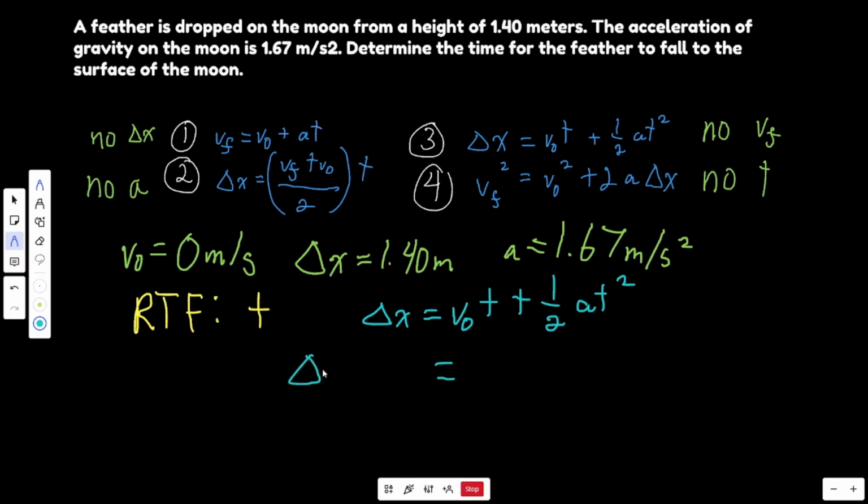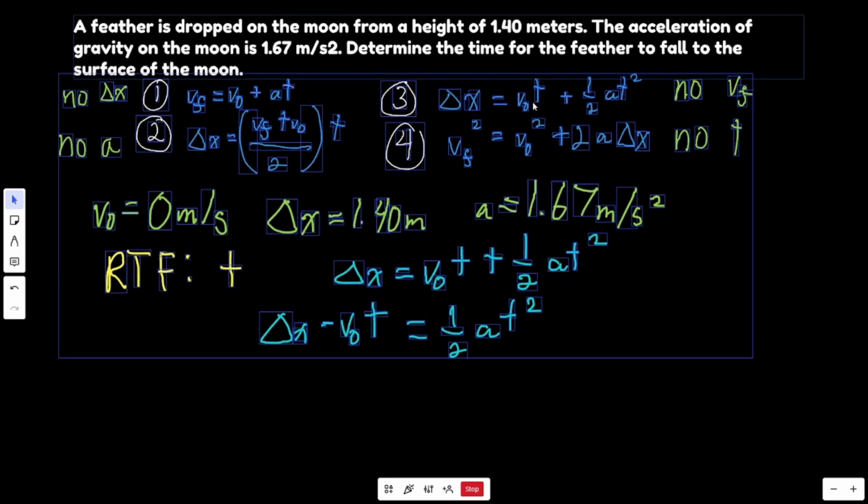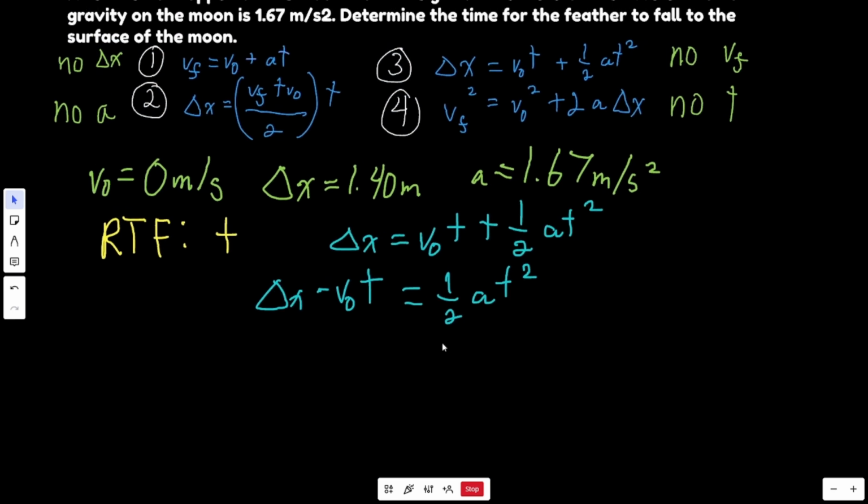So we need to go delta x, subtract v0 times t from both sides. So delta x minus v0 times time is equal to 1/2 at squared. Now we have to derive even further. Let's move this all up. When we derive from here, we have to isolate t squared first. So let's start from there.